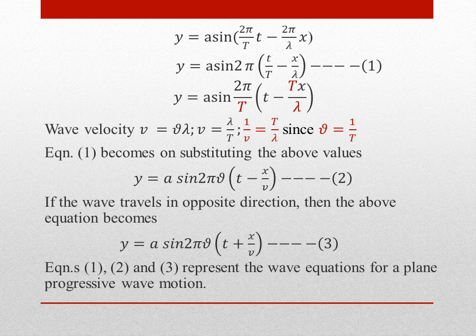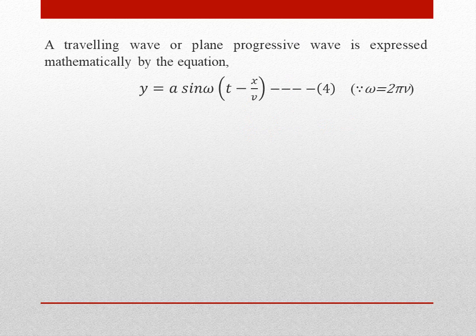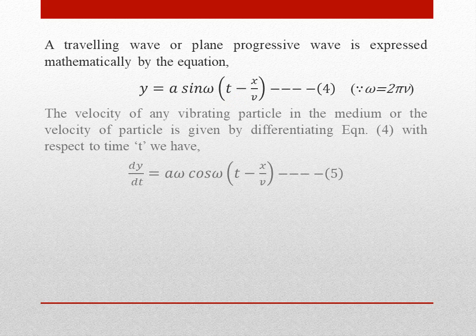And therefore, substitution of 2 pi nu as omega in equation 2 gives us the new expression for the displacement of the vibrating particles in a progressive wave to be y is equal to a sine omega in brackets t minus x by v. This we call as equation 4.